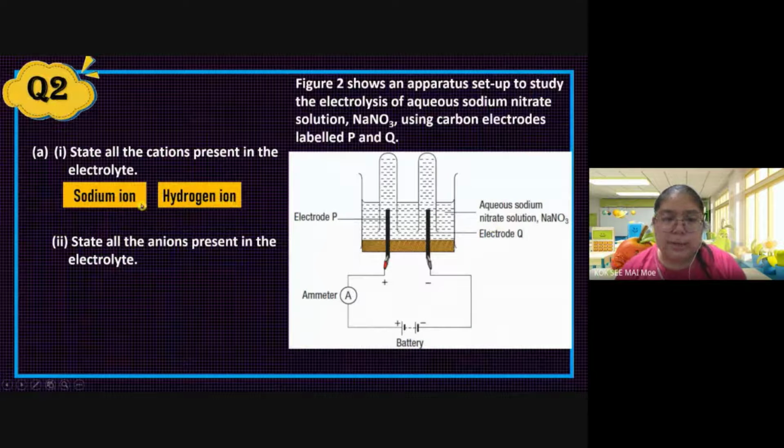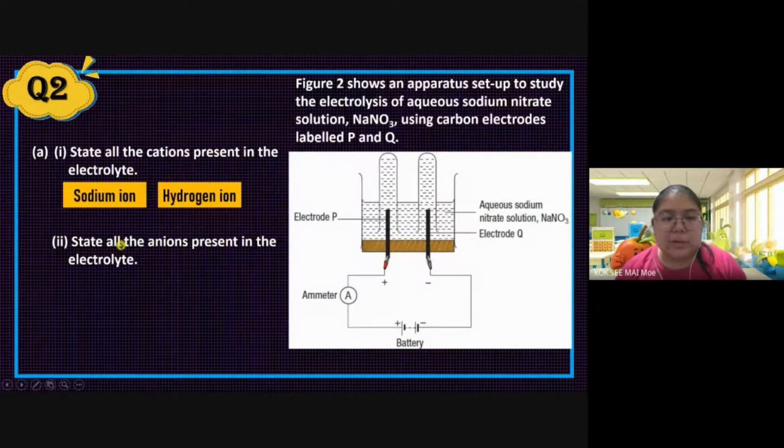Sodium ion is positive, so it goes to the cathode. Cations are positive ions. So there are sodium ions and also hydrogen ions that go to the cathode.